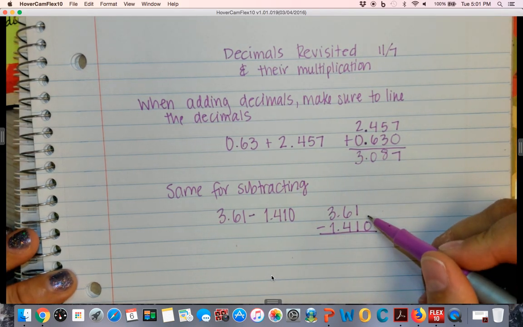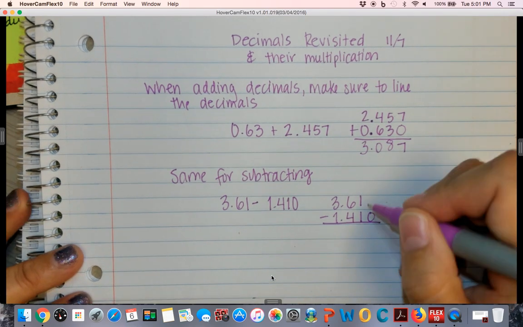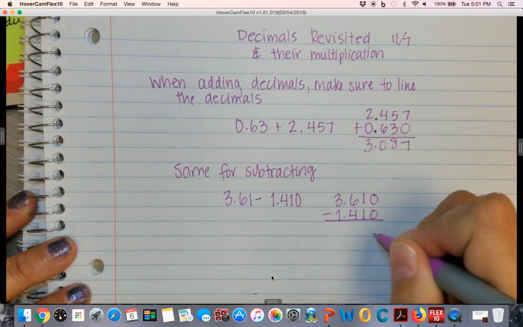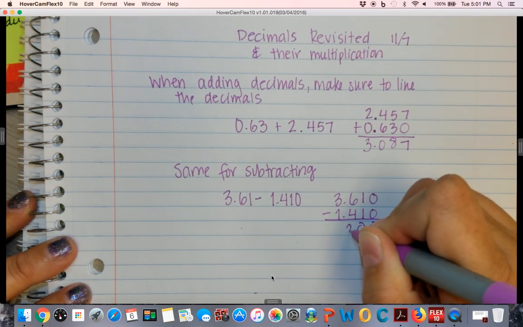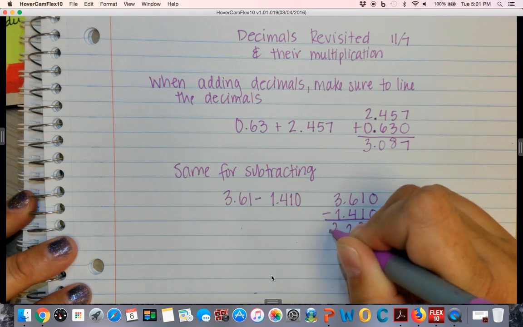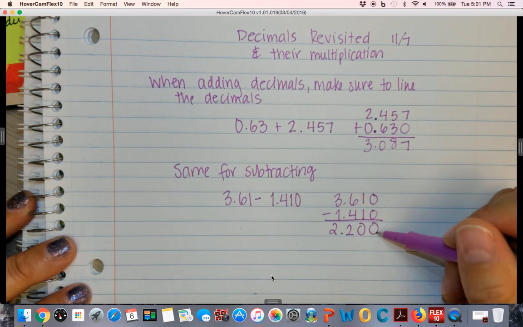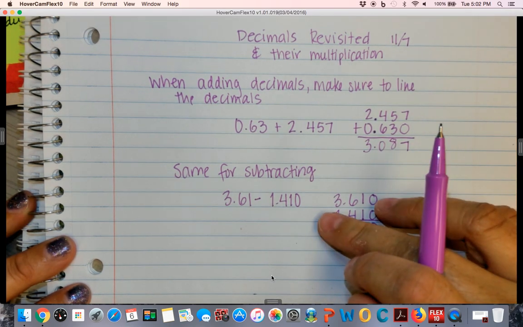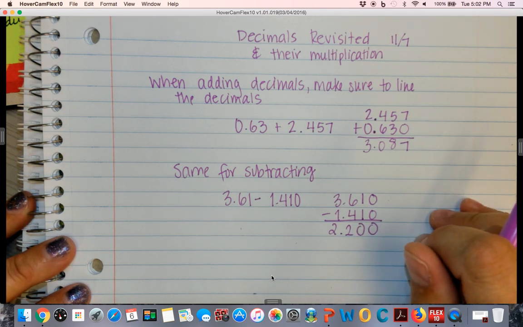And here you can see I have this space on the top here. The number doesn't change if I put the 0. My answer is 2 and 200 thousandths, 2 and 20 hundredths, or 2 and 2 tenths. They're all the same number.